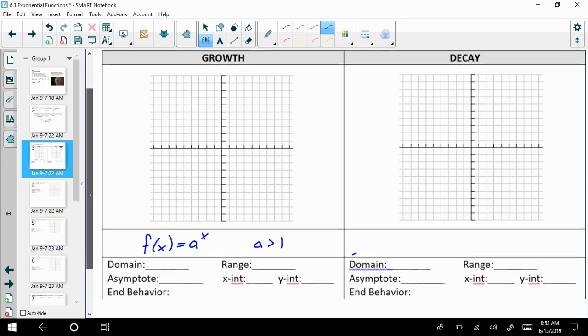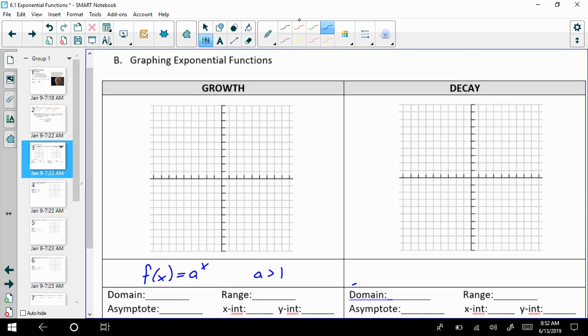What you're going to see on these graphs to begin with, there is going to be a horizontal asymptote through y equals 0. Why is that? Well, that means the graph, we're not going to touch that red line.